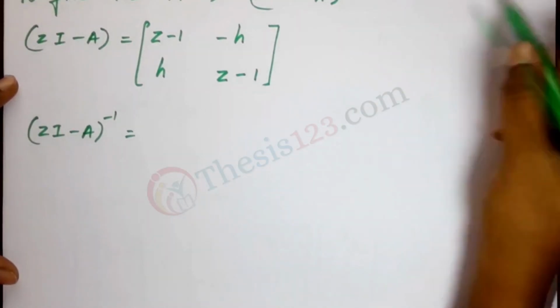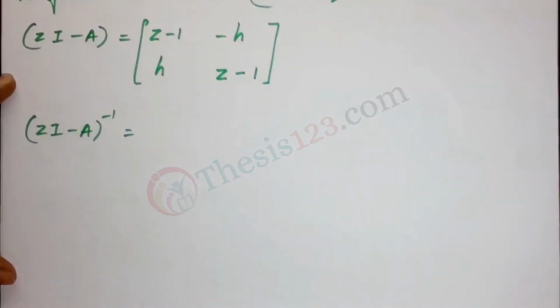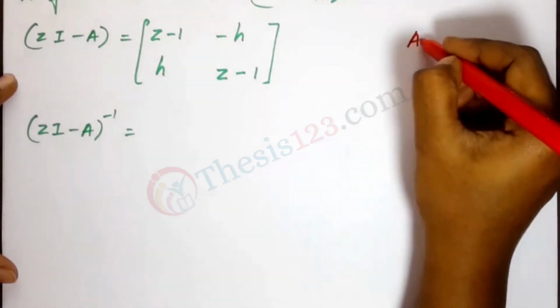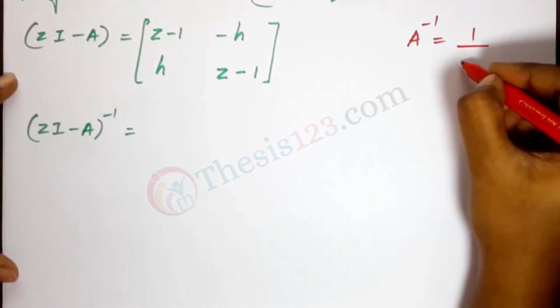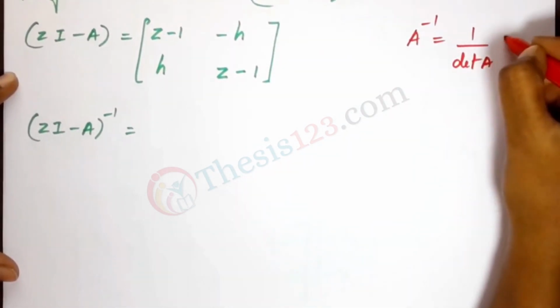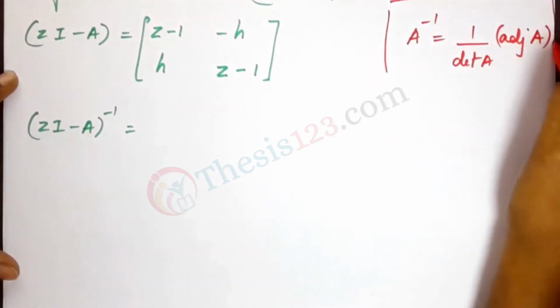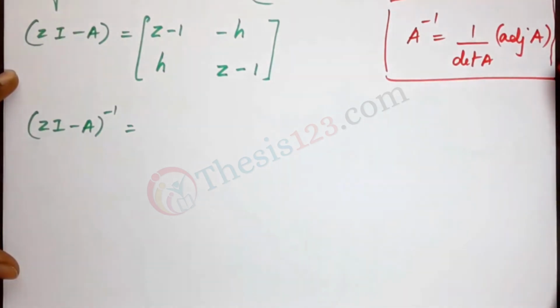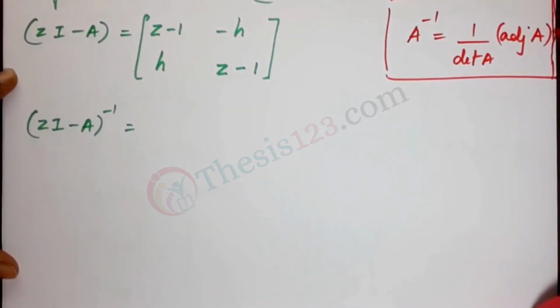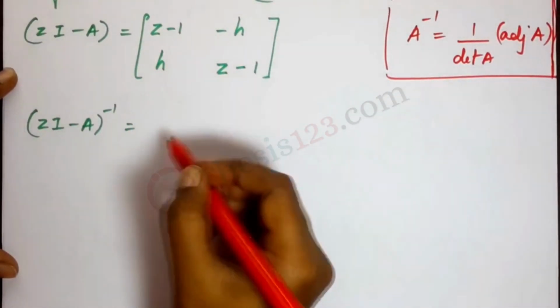You know the basic formula for the inverse of a matrix, right? A inverse is equal to 1 by det A into adjoint of A. We are going to use that same formula here.